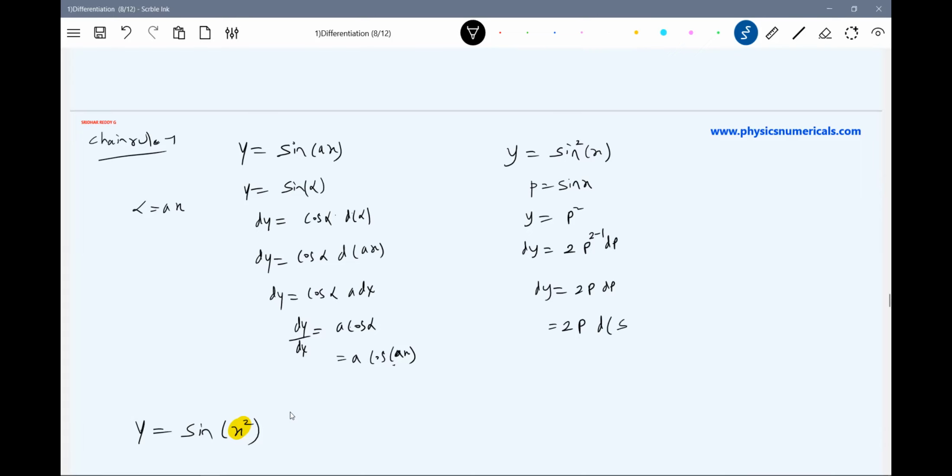P is sin x. Derivative of sin x is cos x dx. So dy by dx equal to 2p cos x, which is 2 sin x cos x. So this will become sin 2x.